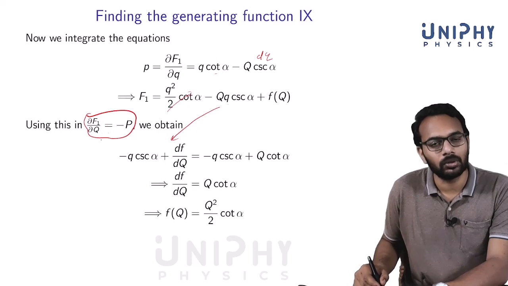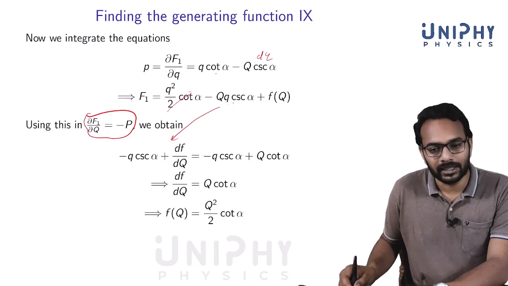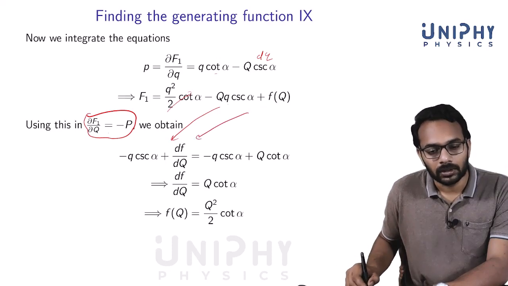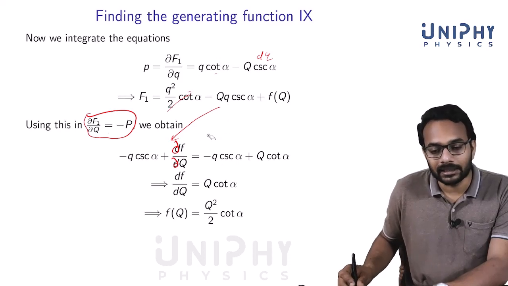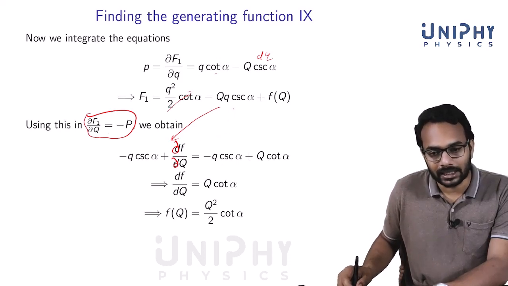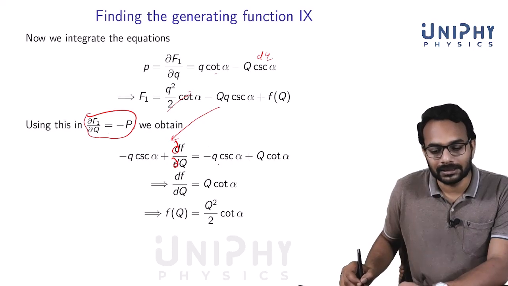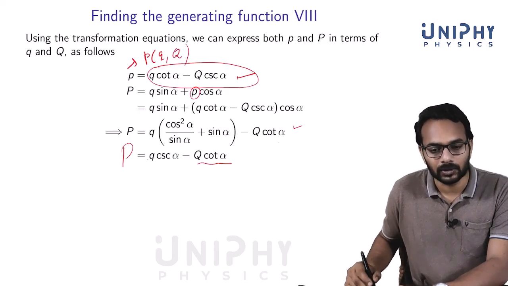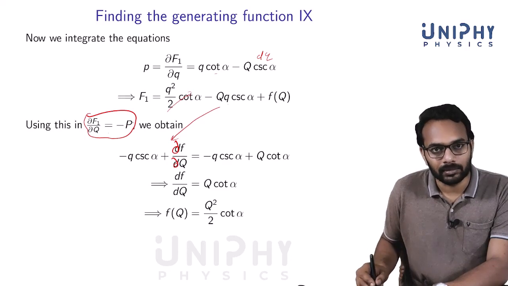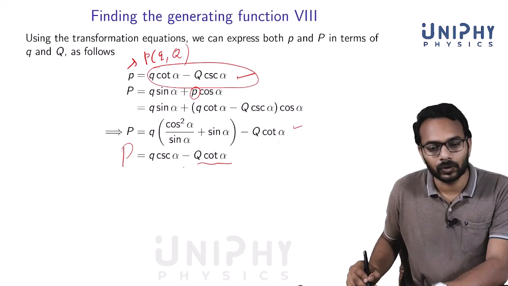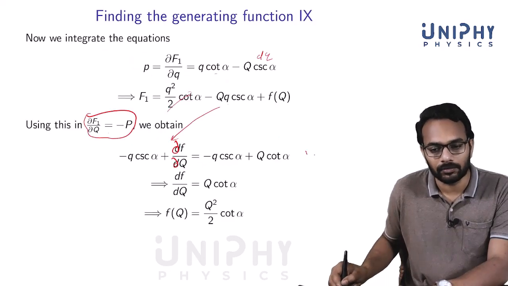You're just finding dou f by dou capital Q. So it's minus q cosecant alpha plus there's a dou f by dou capital Q, and this is equal to minus q cosecant alpha plus capital Q cot alpha. Why? Because this is our capital P, and we need minus P, so we have put this minus to this side. So you just substitute for P here with a minus sign.